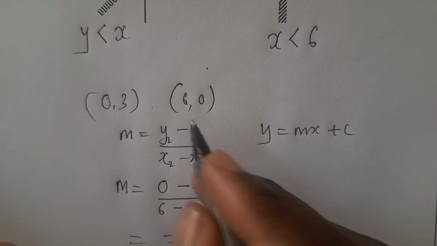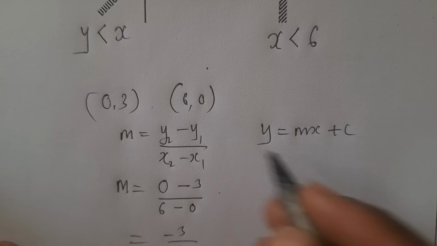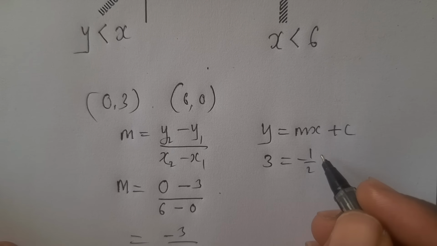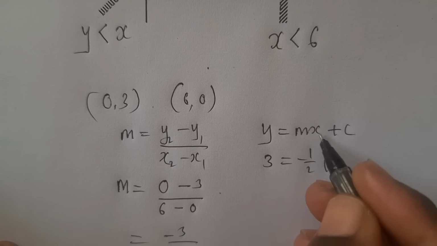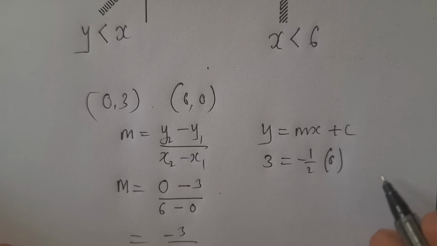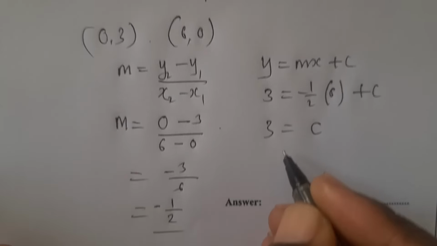Then I can use this. My y is 3, my m is negative 1 over 2, and my x is 0. I'm using this set of coordinates. This gives me c. 3 is equal to c.